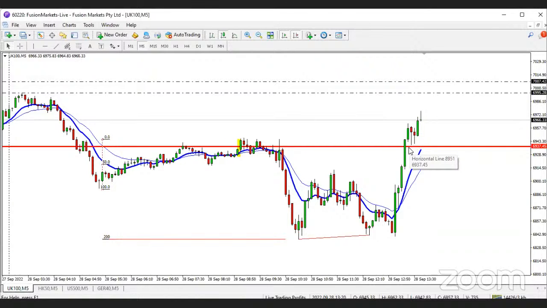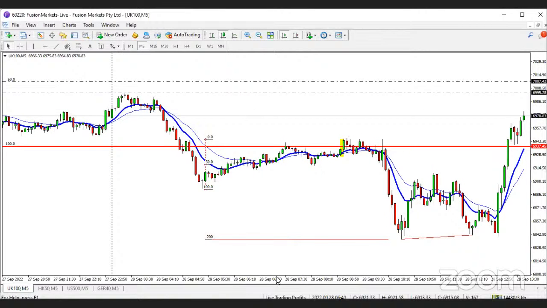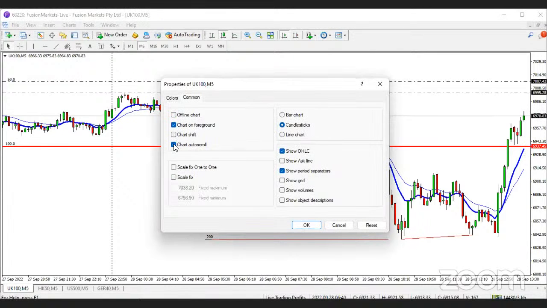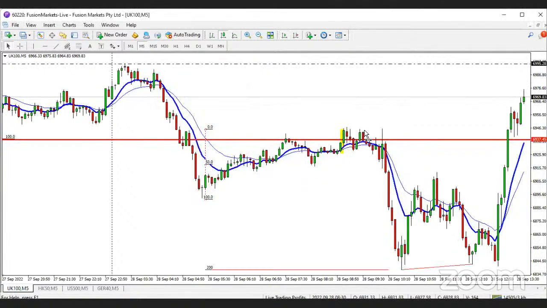Now, if I just have a look at, I know some guys were trading right from the open of the day, not just the open of the US, UK markets.